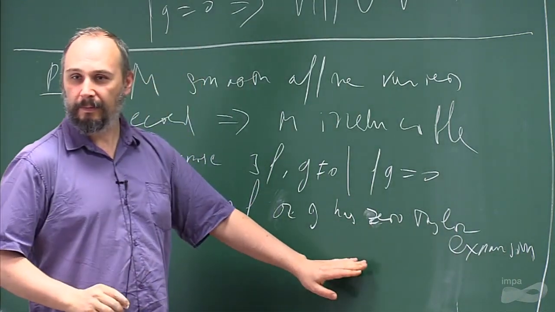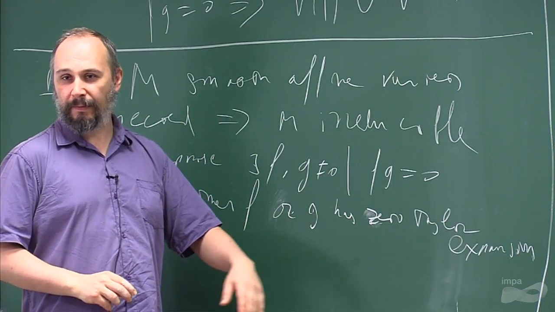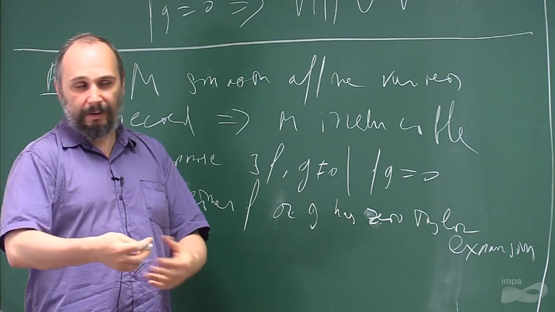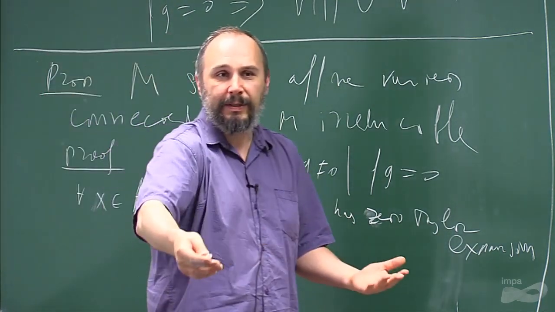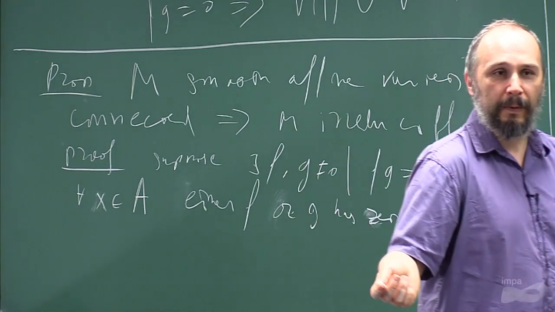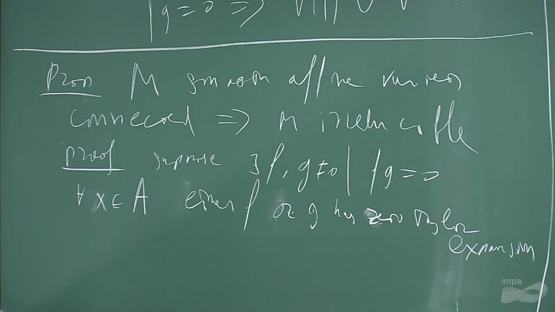Am I clear? Because if they have non-zero Taylor series, you can just multiply these power series, like you multiply polynomials. And the product of two non-zero polynomials or power series is never 0. It's just formality.